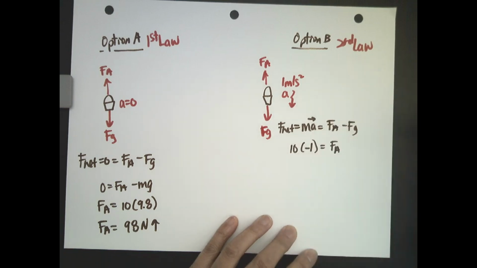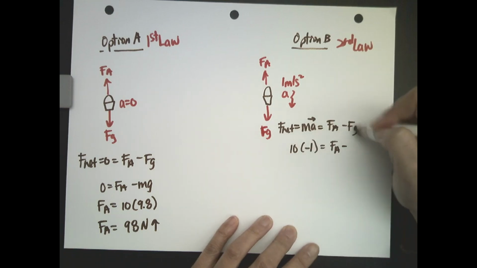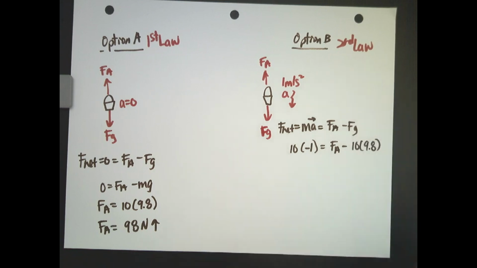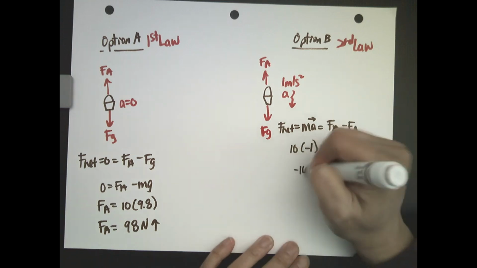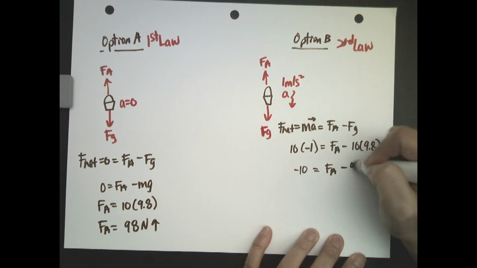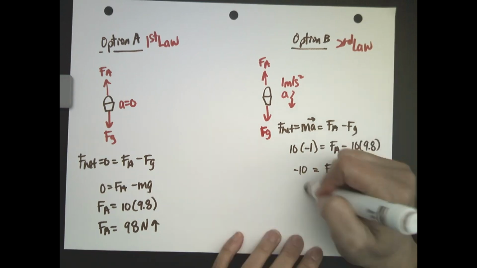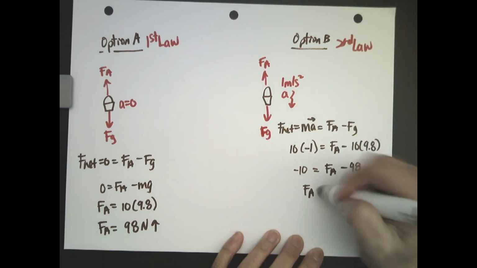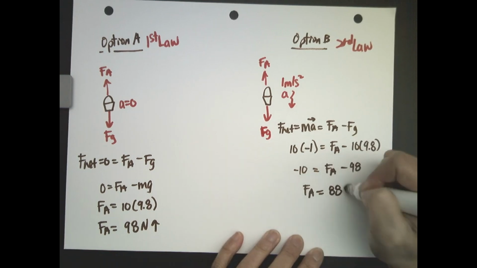Fa you're trying to solve for. And Fg, well, technically is mg, so it's going to be 10 times 9.8. This is going to be negative 10 is equal to Fa minus 98. So Fa is going to give you 88 newtons up.